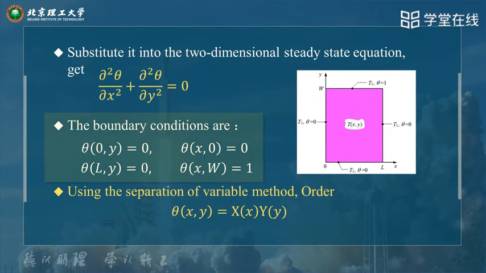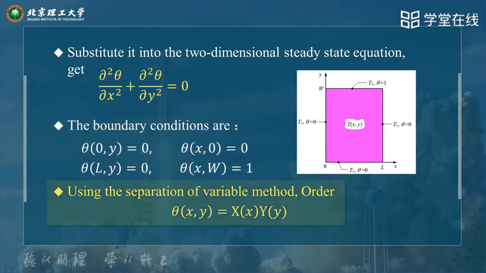In this case, the boundary conditions are theta(0, y) equals 0, theta(L, y) equals 0, theta(x, 0) equals 0, and finally theta(x, w) equals 1. Only one boundary condition is 1.